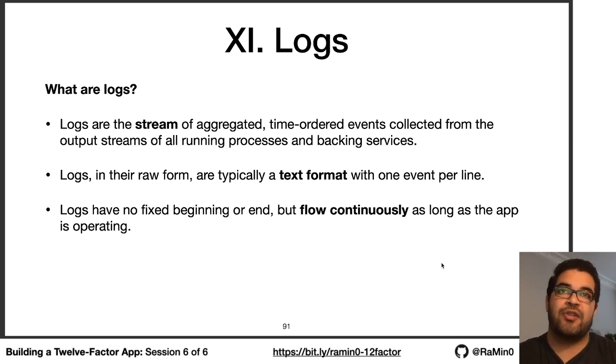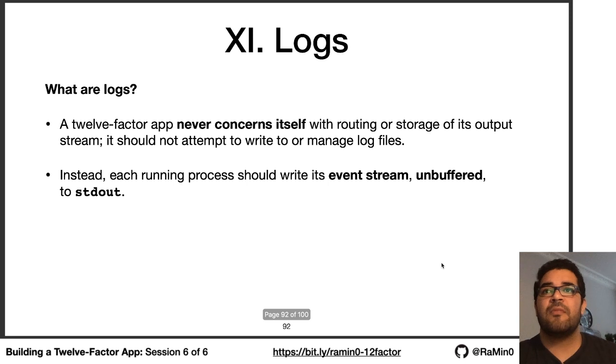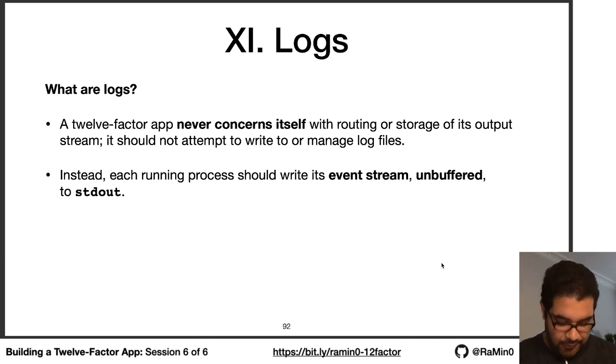And as I mentioned, logs are a stream, which means that they do not have a fixed beginning or an end. They just flow continuously as long as your app is running. The 12-factor app should never concern itself with what happens with its logs. We mentioned this once before, in a previous factor, where your app shouldn't be concerned about its environment. There are other process managers or whatever that are responsible for dealing with this.